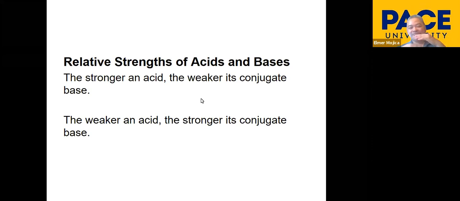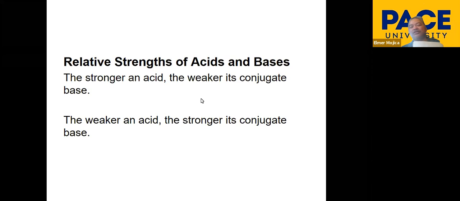Then you're given three statements, and the choices are A, one only, B, two only, C, three only, and then one and two, one and three, or one, two, and three. Those are the types of questions you can expect.